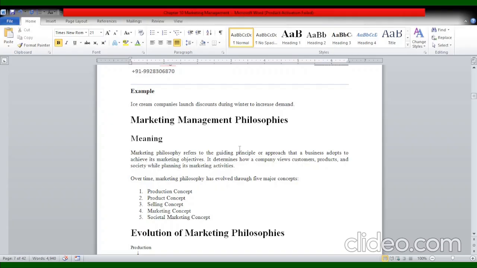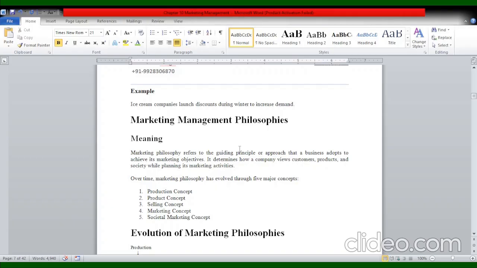There are five different philosophies, or principles or approaches, that help the business to achieve its marketing objective. It determines how a company views customers, product and society while planning its marketing activities.